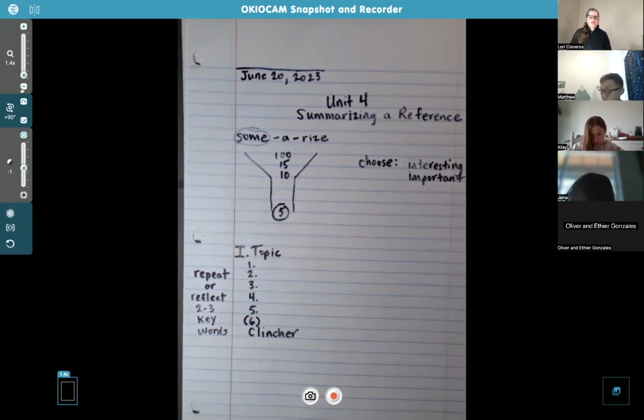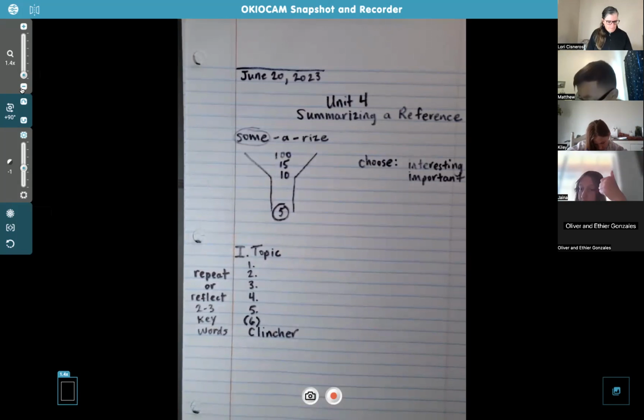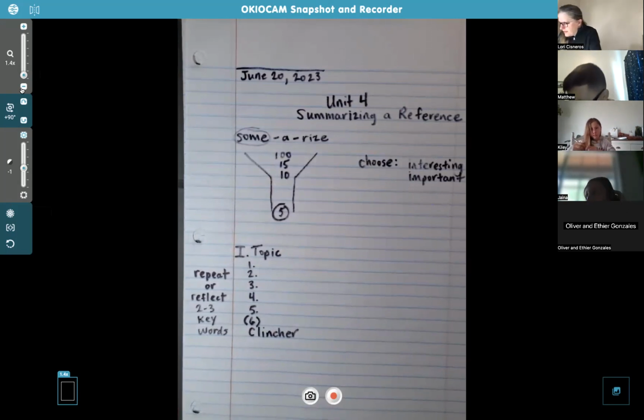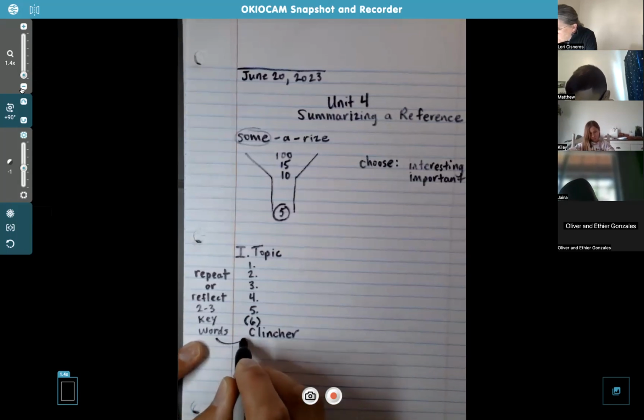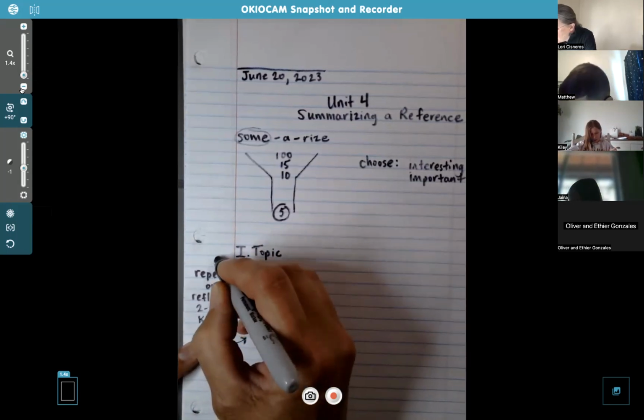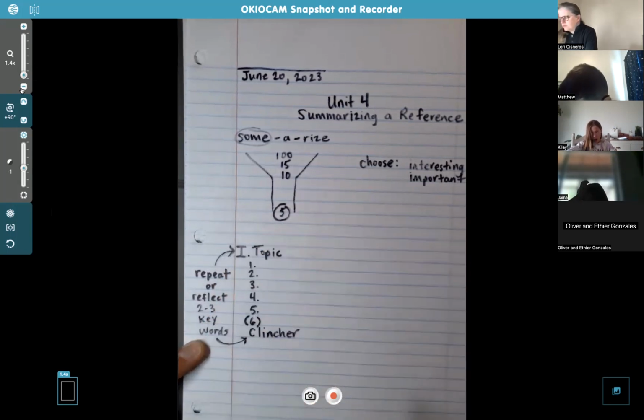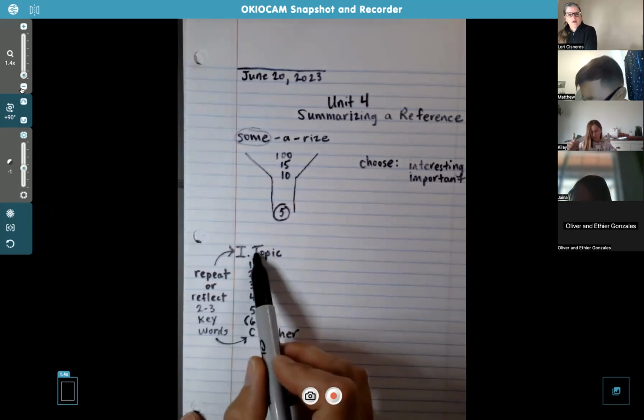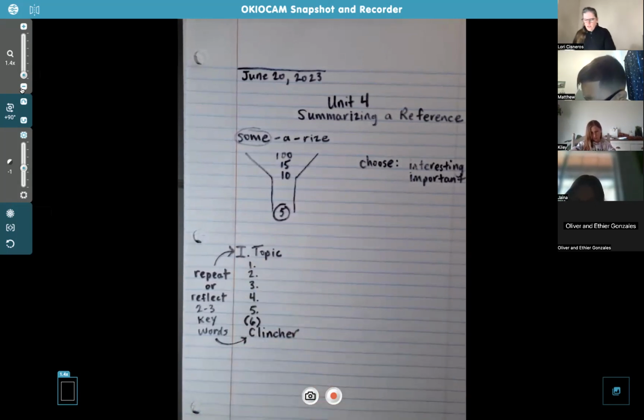Repeat or reflect 2 or 3 key words. Okay, once you've got that written down, I want you to draw an arrow from the bottom of words here to clincher, and then you're going to draw one at the top of repeat up here to topic. You see how this goes up here to topic, and this one's down here to clincher.